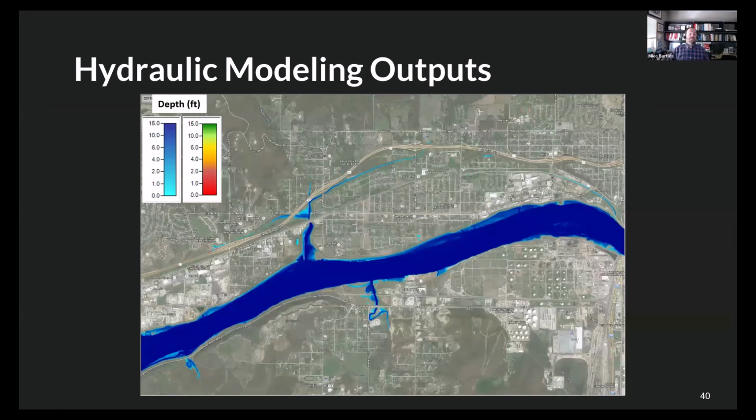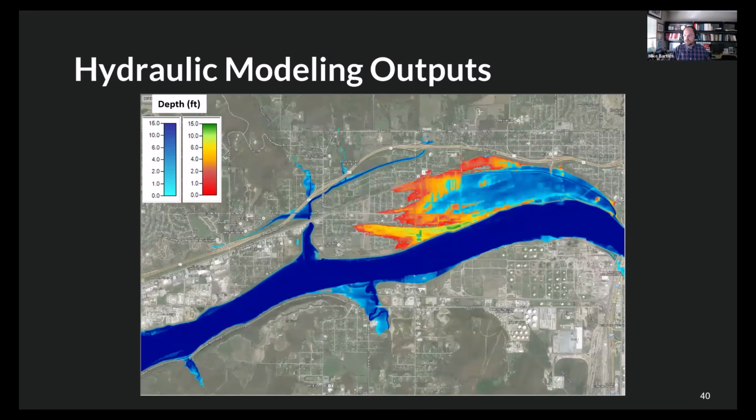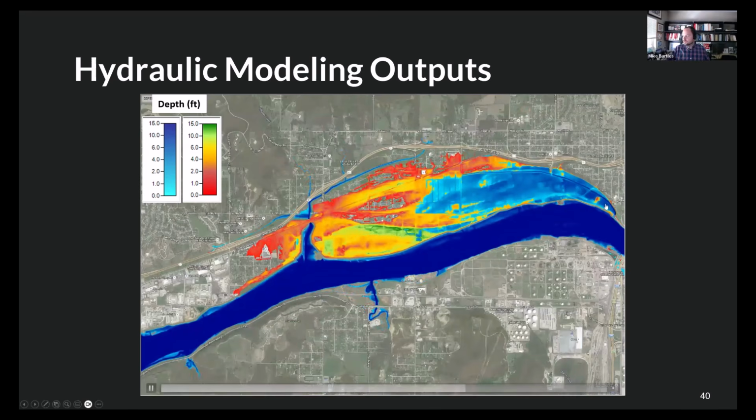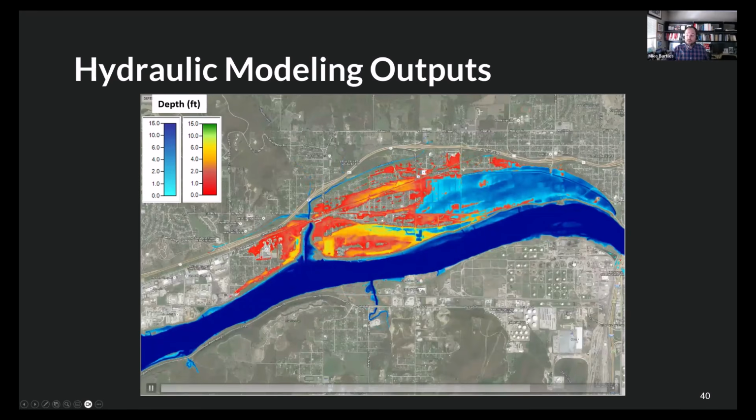So you can do some absolutely amazing things, especially with modern HEC-RAS models. This is an example of some modeling that I did for the Arkansas River in Tulsa, Oklahoma. Everything in blue is water that's flowing along the Arkansas River and overtops this levee down here by approximately 2 feet, but doesn't fail the levee.